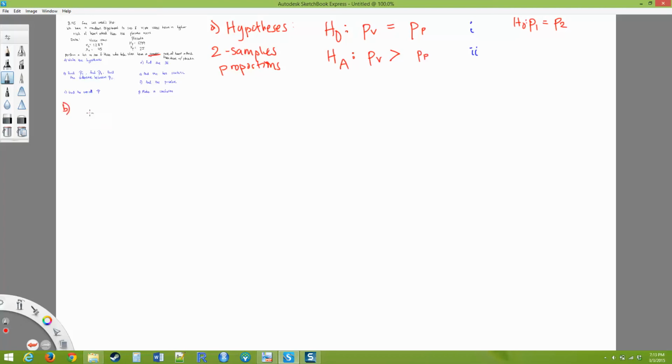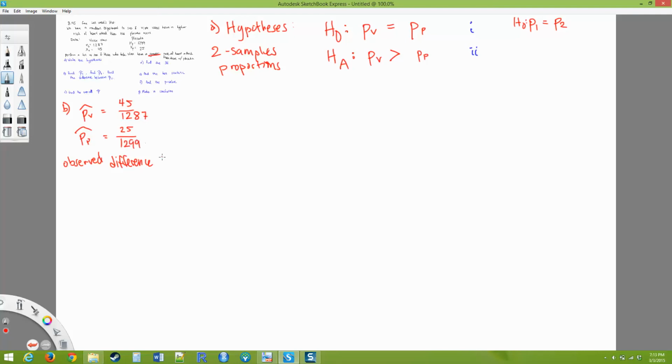Okay, so then let's find P Vioxx, P placebo, and then the observed difference. Okay, so P Vioxx is 45 divided by 1287, and P placebo is going to be 25 divided by 1299.